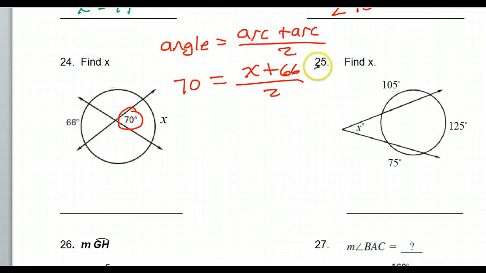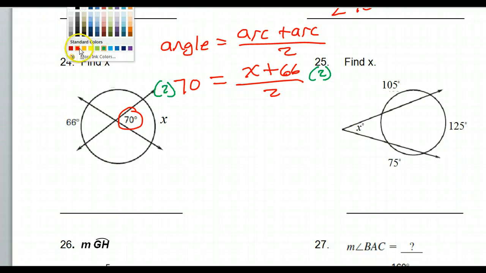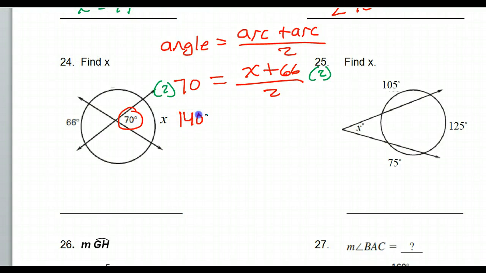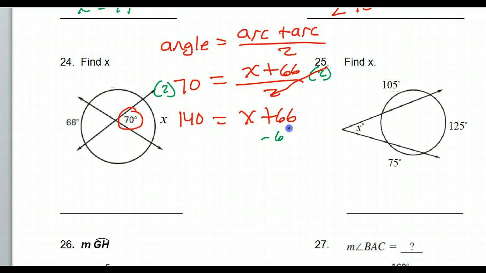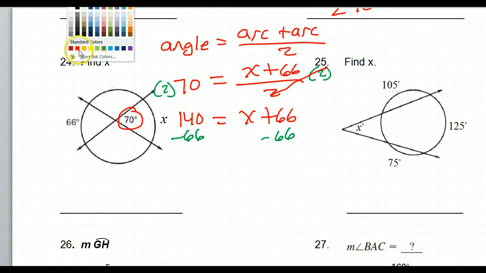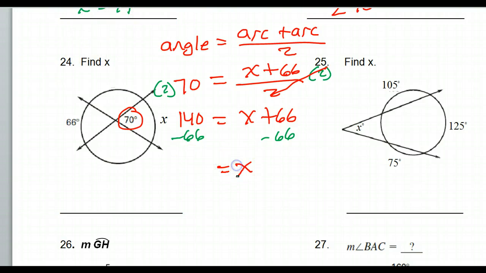In order to solve this, we will just multiply both sides by 2. So that's going to give us 140 is equal to x plus 66, because these cancel out. We subtract the 66 from both sides, and we find that x is 74 degrees.